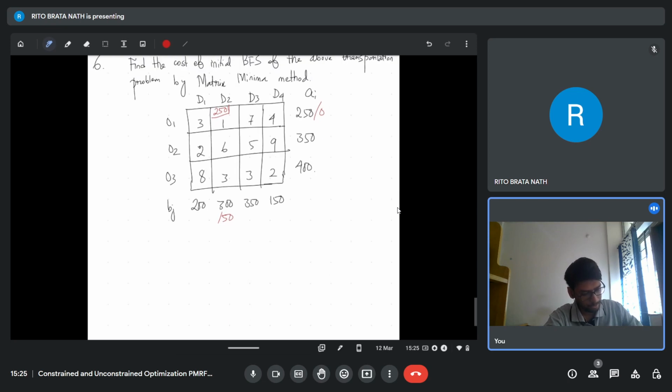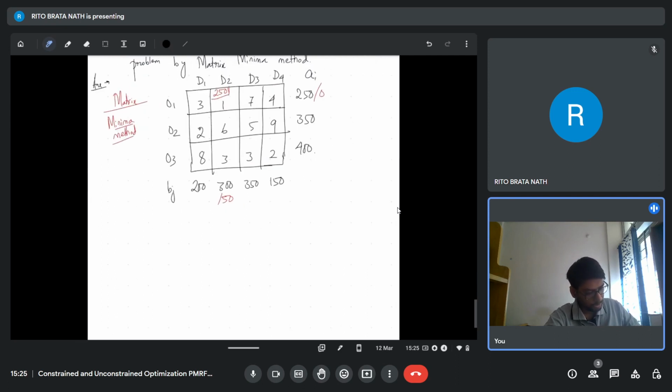So I can write down this is matrix minima method. Let me delete the first row. So you're left with 2659, 8332.